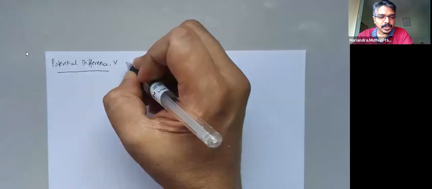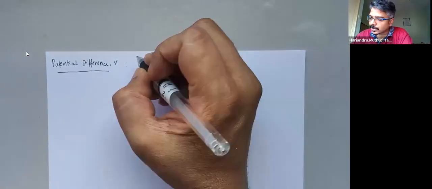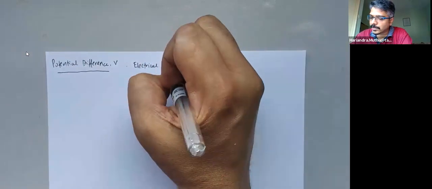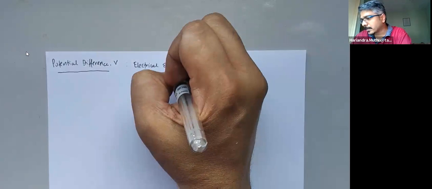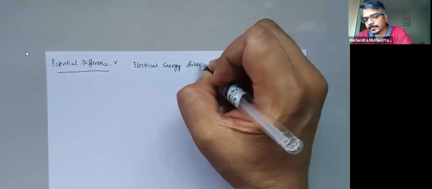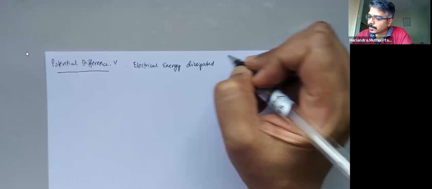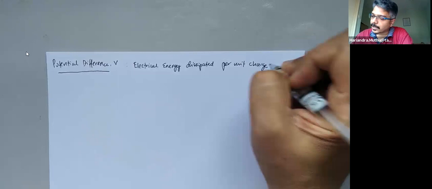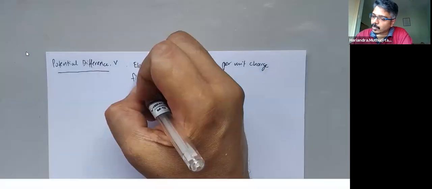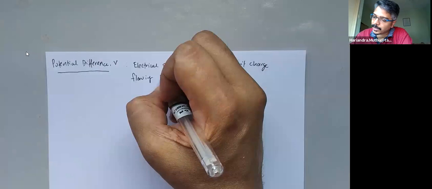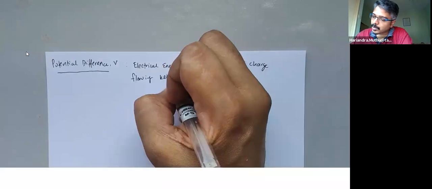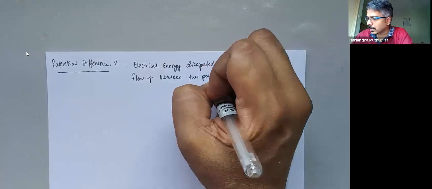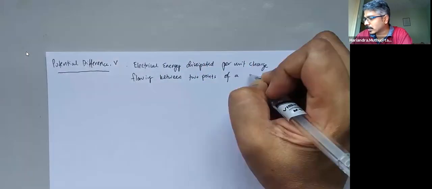The definition of potential difference is the electrical energy dissipated per unit charge flowing between two points of a closed circuit.